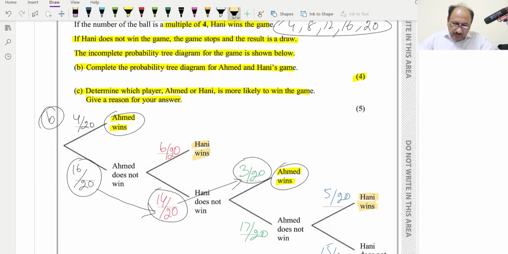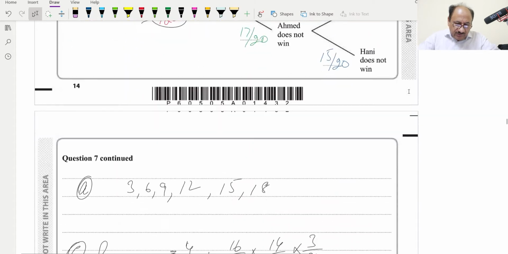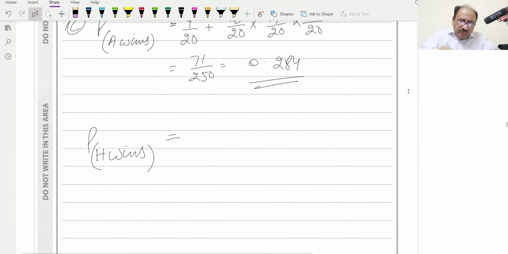Hani wins. So for this one, the first branch will be 16 by 20 and 6 by 20. So we will write here 16 by 20 into 6 by 20.